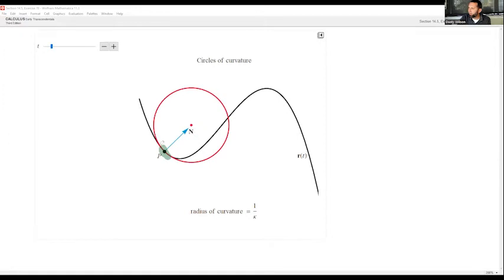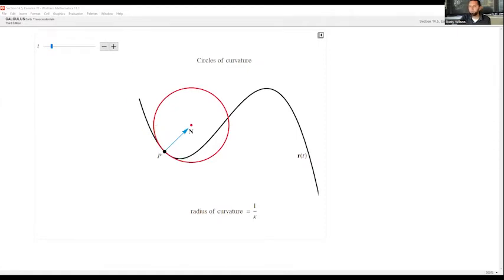And notice that the circle is almost like a tangent circle, right? They share the same tangent line. So our tangent line appears to be the same in both cases. This isn't perfect, but gets the idea. So the tangents are the same, but they also have the same amount of curviness right at that point.